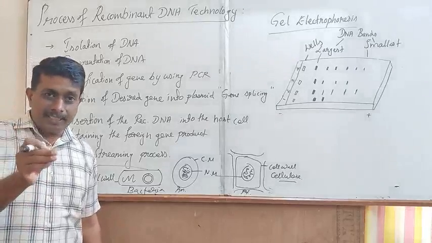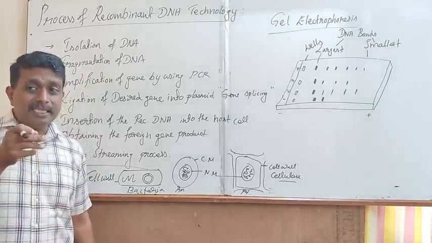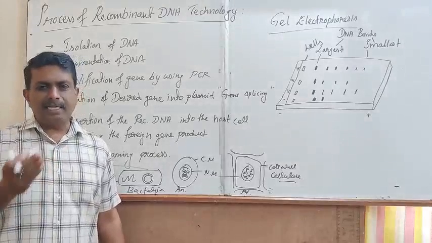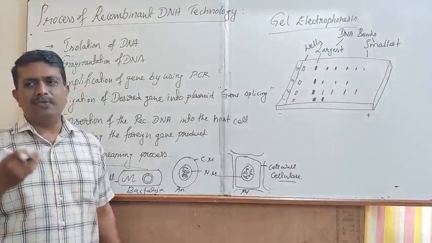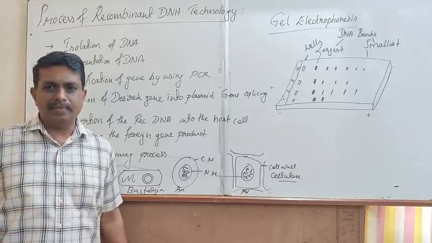The enzyme restriction endonucleases mainly act on the restriction sequences or restriction sites, resulting in the fragmentation of the gene, resulting in the fragmentation of DNA.